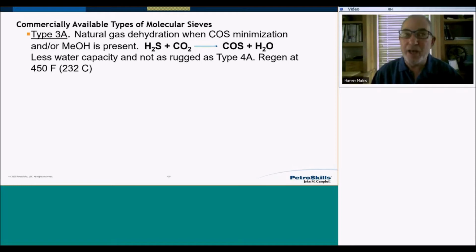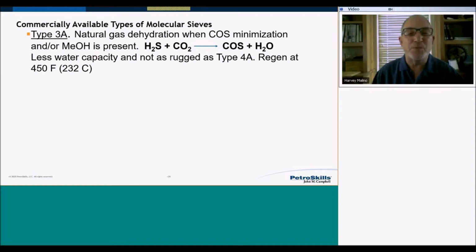It was developed, by the way, for the refining industry to remove water from cracked gas, and over the years has made its way into the natural gas industry because we find use of this material when you want to minimize carbonyl sulfide formation or when methanol is present.